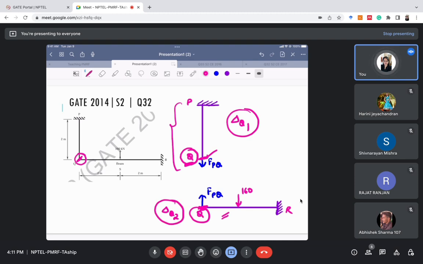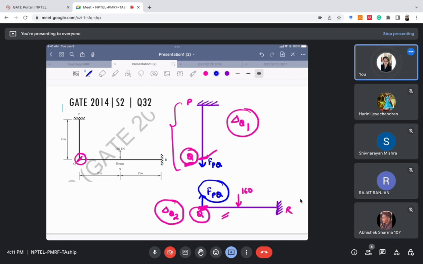Why am I using this compatibility condition? Because finally I have to find the value of this FPQ, and without using the compatibility condition I cannot solve this problem because it is an indeterminate problem.